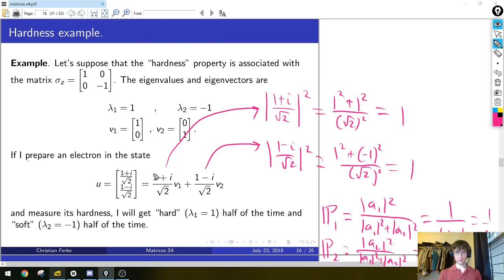So in this example, the norm squared of both of these coefficients is the same. So the probability of getting the hard state, the hard eigenvalue, is half. You get that half of the time, and you get soft half of the time, just because the absolute values of these two complex numbers are equal.